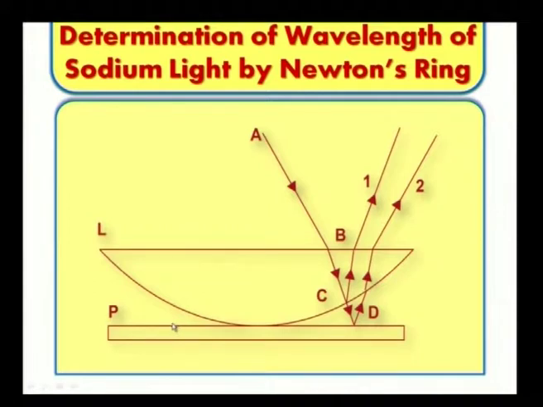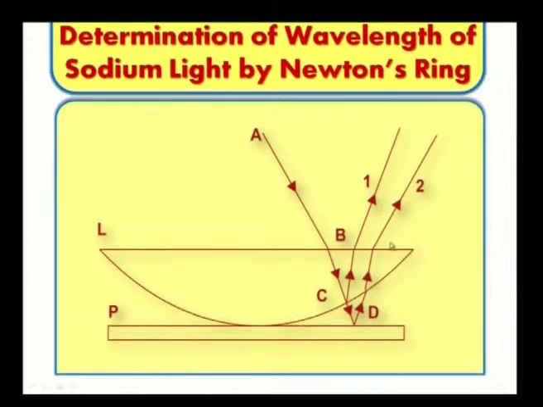So when you have a bright point here, depending upon the conditions that you will be having, it is either constructive interference or destructive interference. What do you mean by constructive and destructive interferences? The 2 rays 1 and 2, which are coming from the point C and similarly from the point D, interfere with each other.